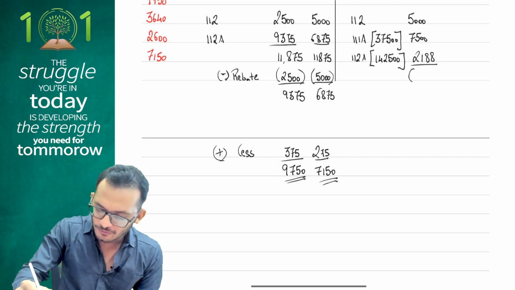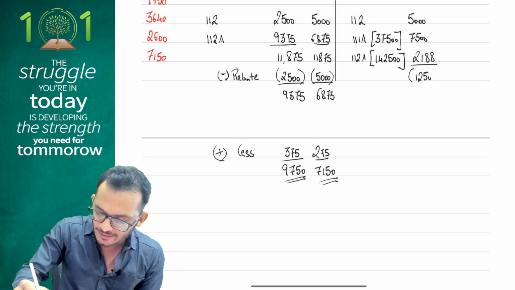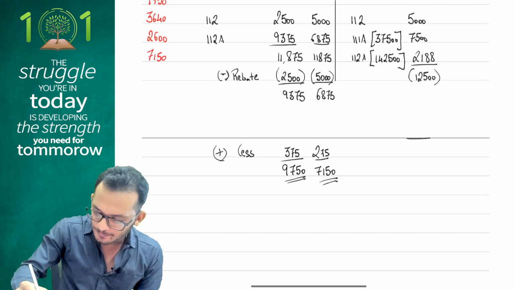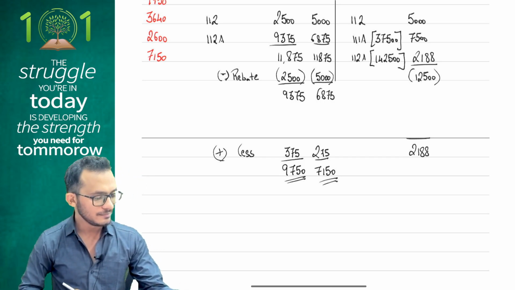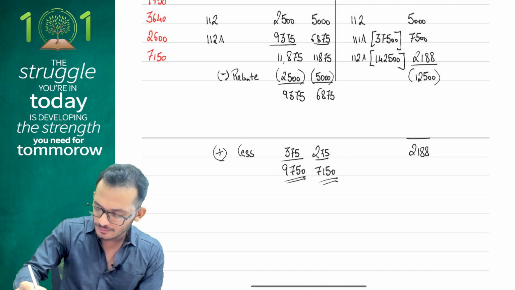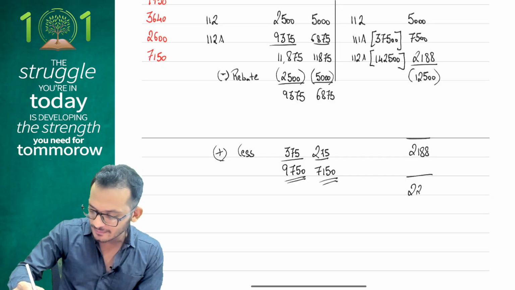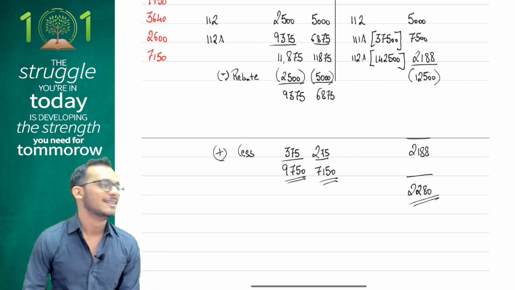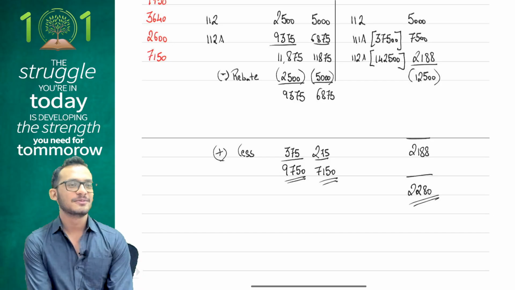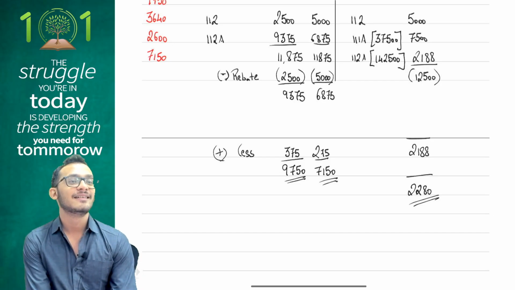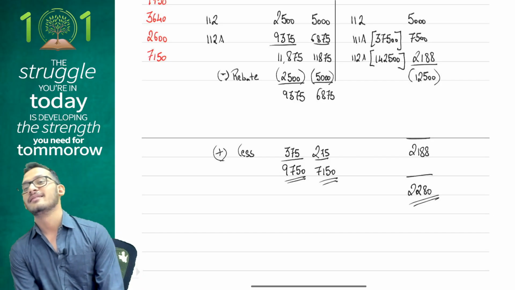Let me claim a rebate of 12,500, giving my tax liability as 2,188. Adding cess on this, 2,276 is my final answer.